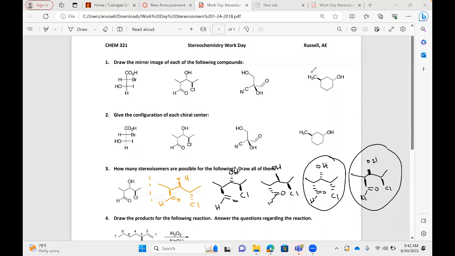If I started with the original image right here, this is dashed, that's dashed, that's wedged. That's chlorine, OH, and aldehyde, right? I could draw a plane here and just reflect that. You see? Like it's looking at itself in the mirror.